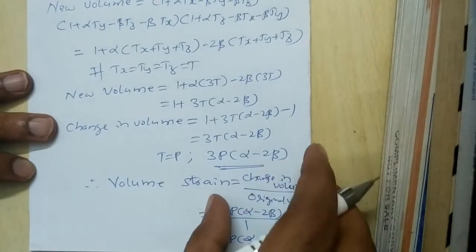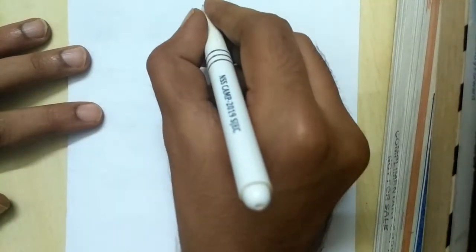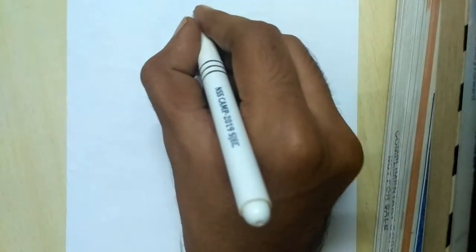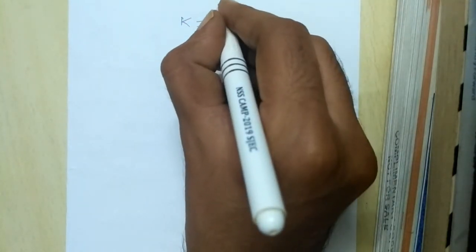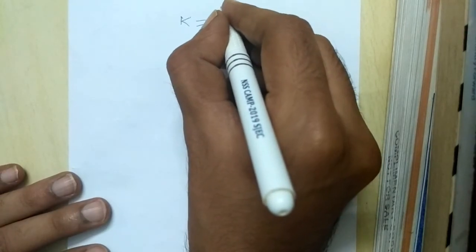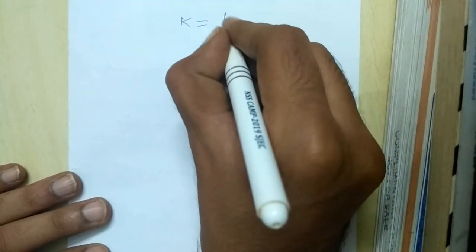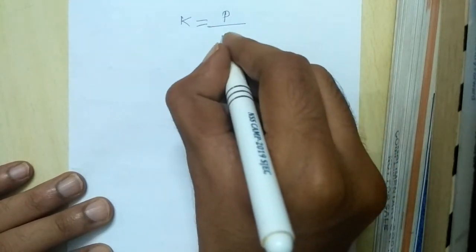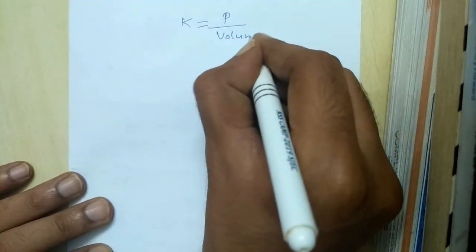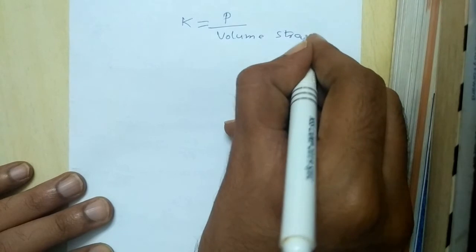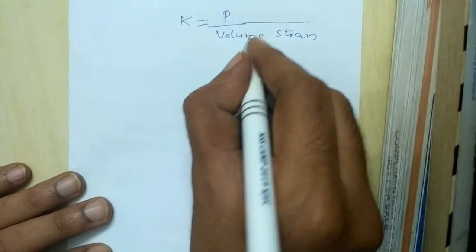Okay, so now we need to find the expression for the bulk modulus. To find that, we have K, the bulk modulus, equal to the volumetric stress, which in this case is pressure, divided by the volume strain, which we have already found.